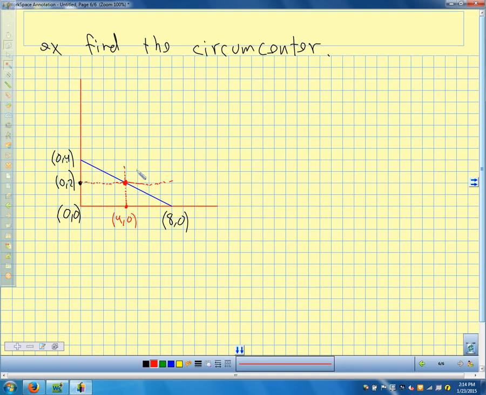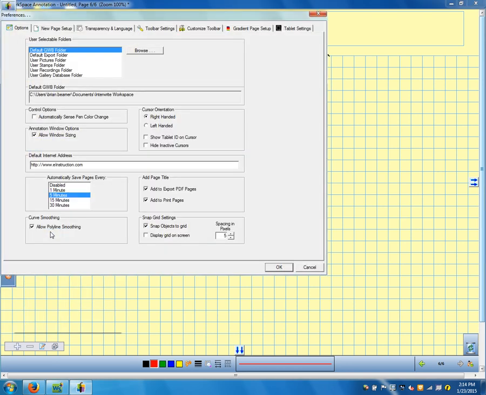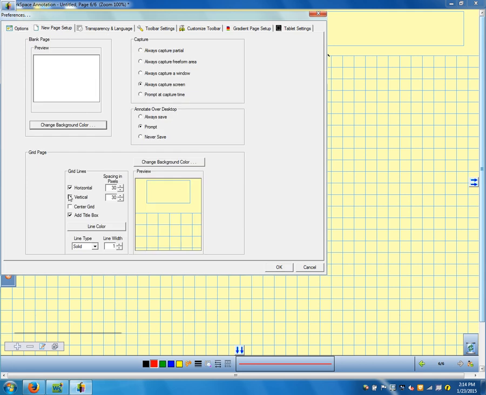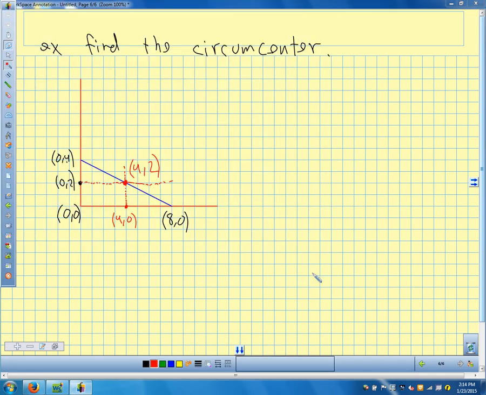Go over 4, up 2. And notice it's right on the hypotenuse of the triangle. So we had a right triangle, so it's on the triangle. Questions there? Okay.